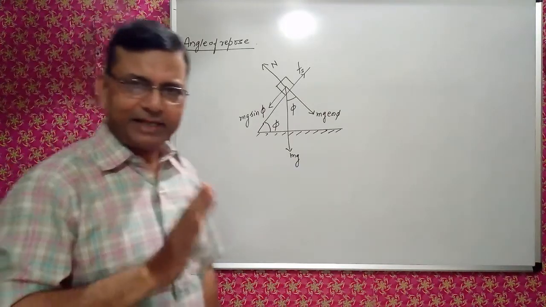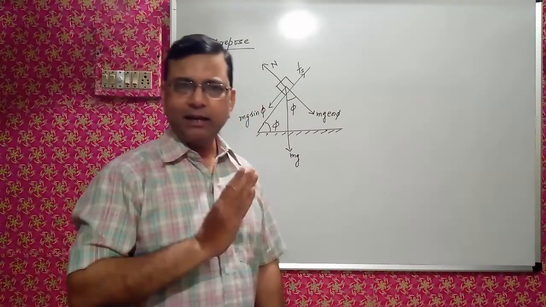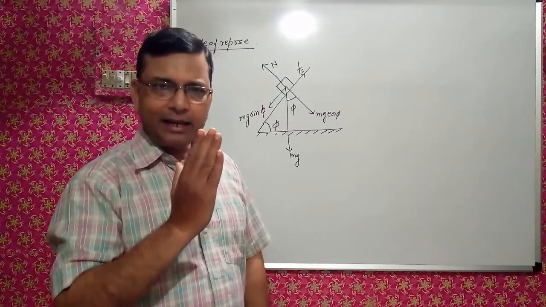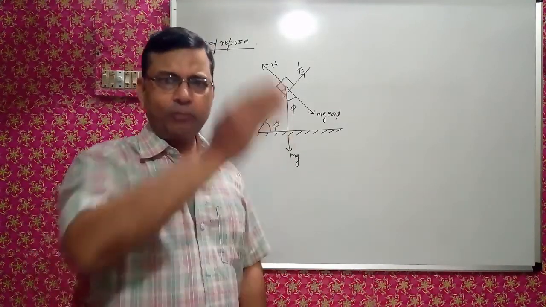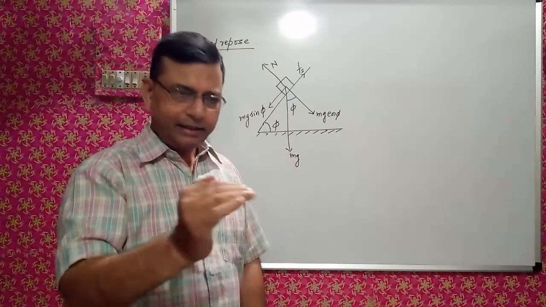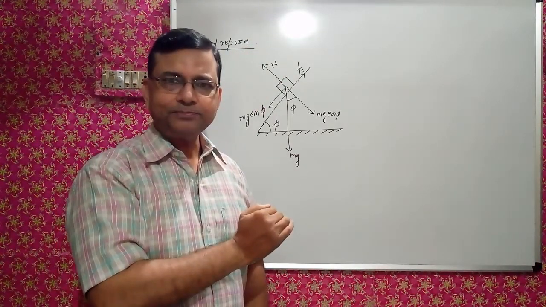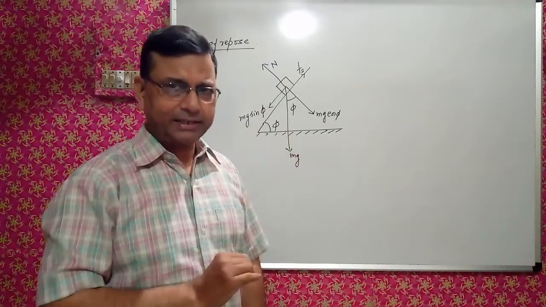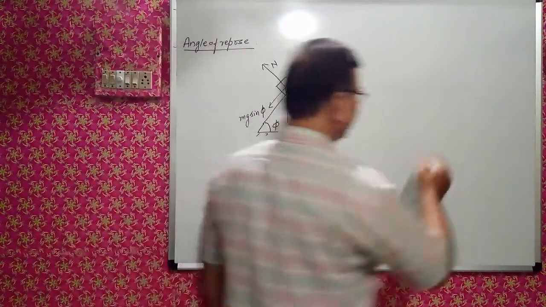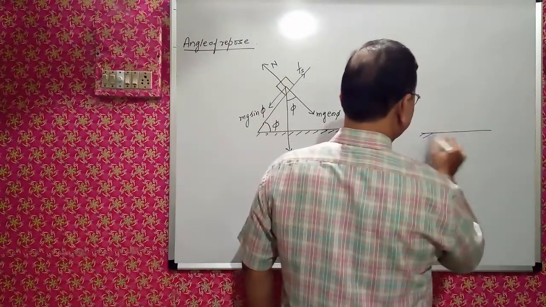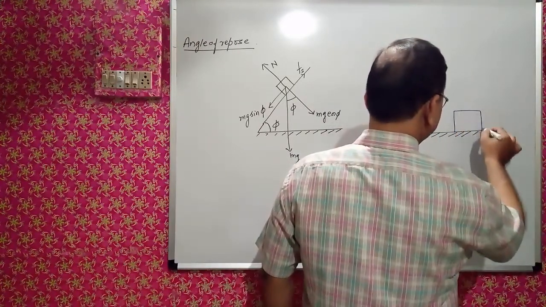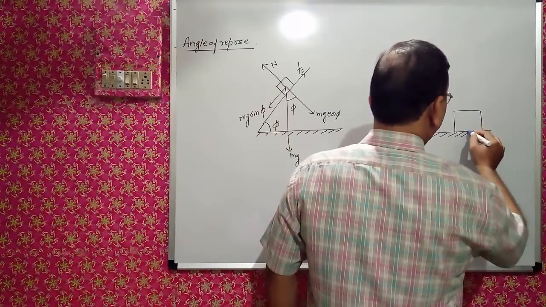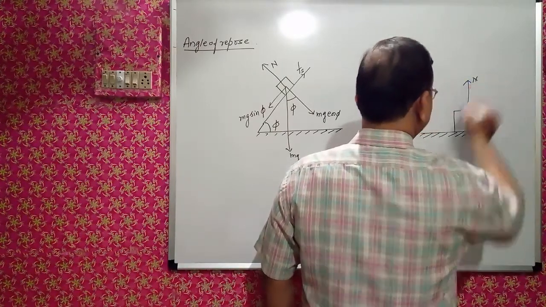हम लोगों ने angle of friction पढ़ा है. Angle of friction is the angle made by the resultant of normal reaction and the limiting friction with the normal reaction. So on the horizontal surface, an object is kept, and the normal reaction is this.